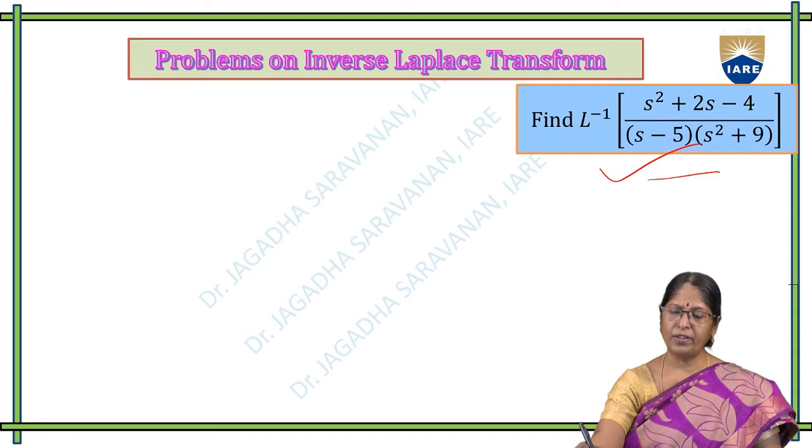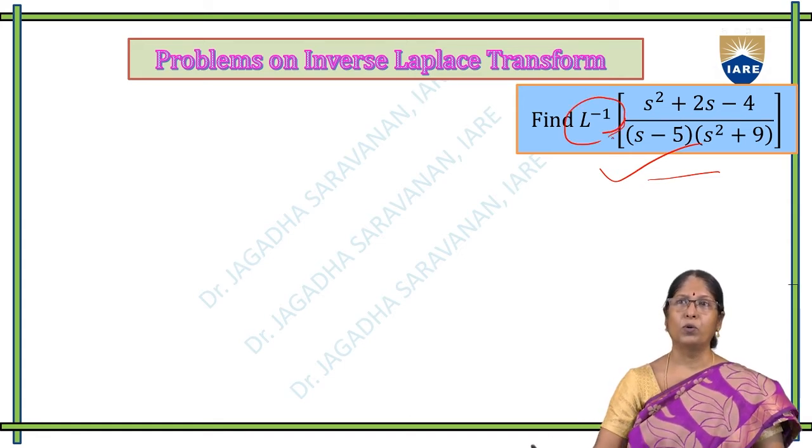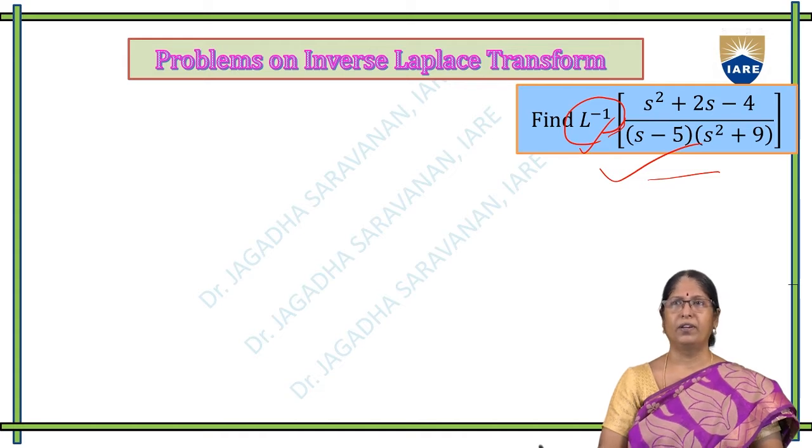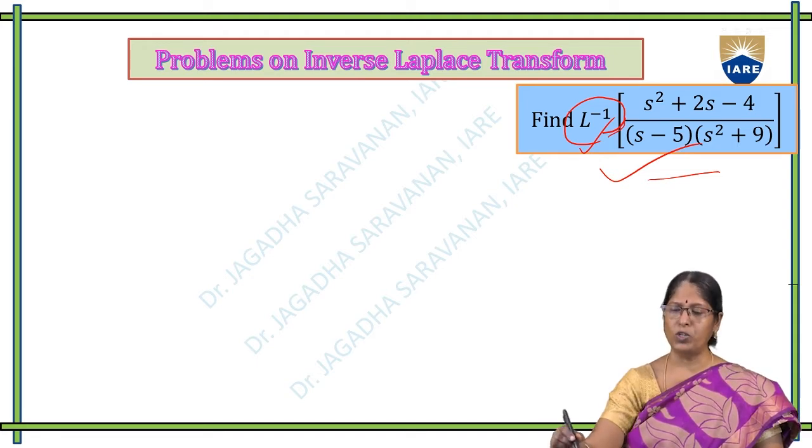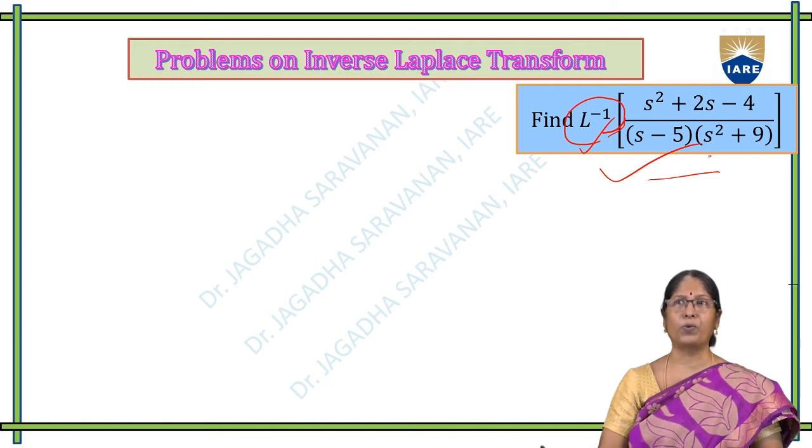First, what are the formulas and theorems related to inverse Laplace transform? We will recollect those formulas first, then we can select which formula is suitable for this given problem.